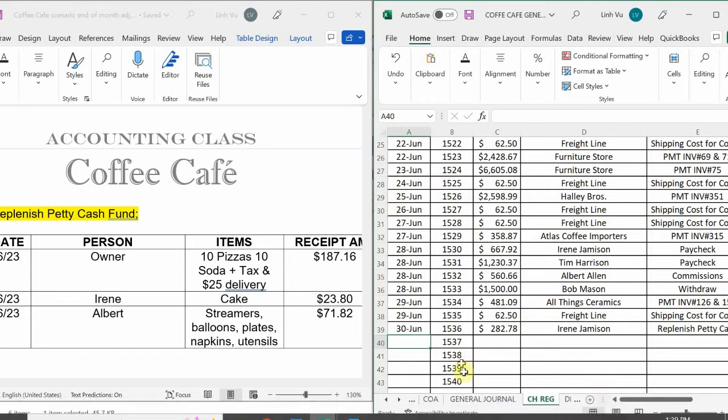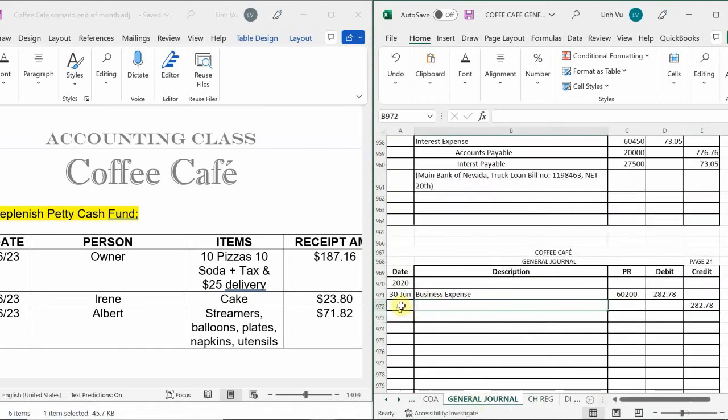So that goes to the general journal. If you want to put in the reason why they need to replenish the petty cash drawer because of all the business expenses, it's up to you.